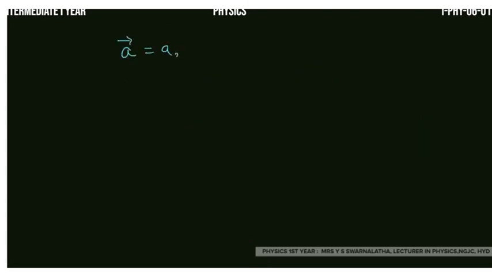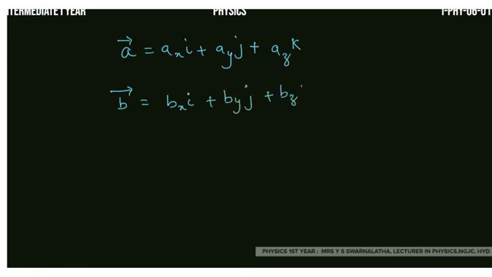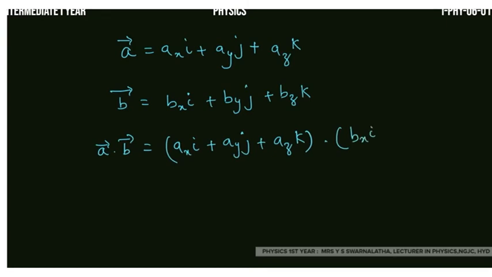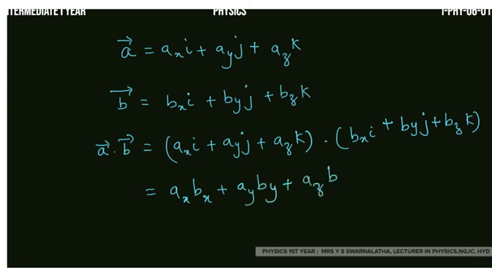So if two vectors are given in component form, that is A bar is equal to Ax i plus Ay j plus Az k and B bar is equal to Bx i plus By j plus Bz k, then A bar dot B bar is equal to (Ax i plus Ay j plus Az k) dot (Bx i plus By j plus Bz k), which is AxBx plus AyBy plus AzBz.